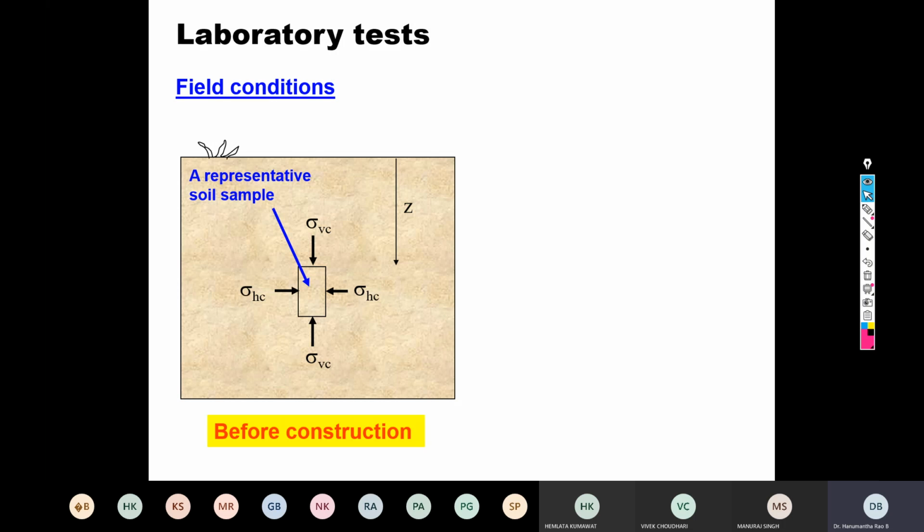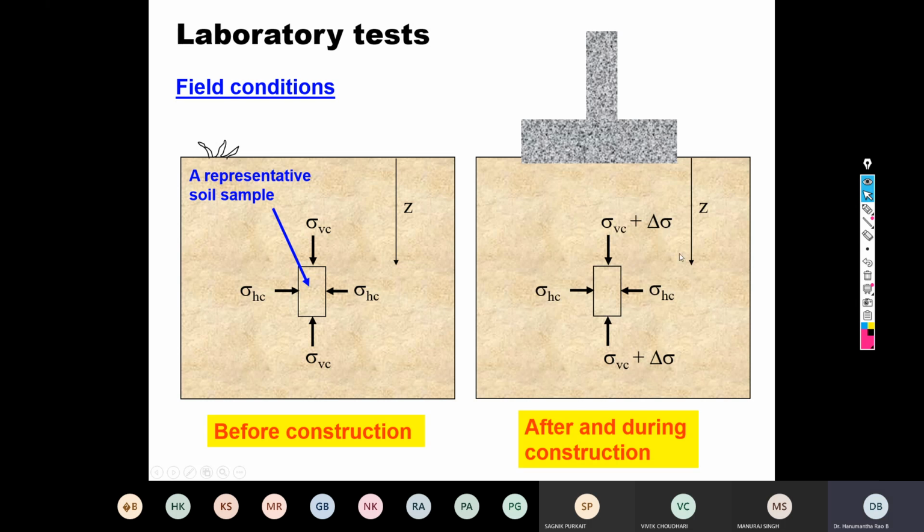The ratio between sigma h and sigma v is called the coefficient of earth pressure. Depending upon the movement of this element, we call it active earth pressure, passive earth pressure or at-rest condition. It also accounts for the increase in overburden pressure, that is delta sigma. This point we have also seen yesterday.